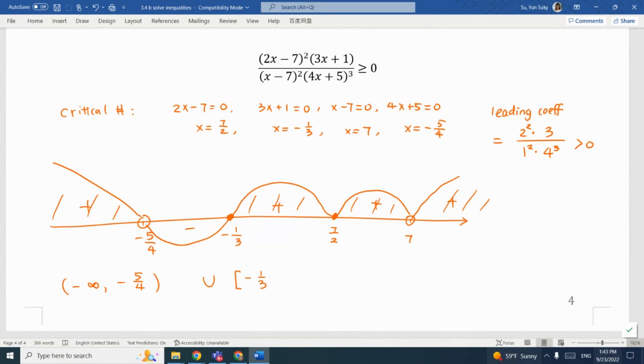Right here. Go. Do we miss this point? No, it's not missing. So we keep going until we reach 7. Oh, do you see the 7 is missing? So we put 7 parentheses and then 7 to infinity.